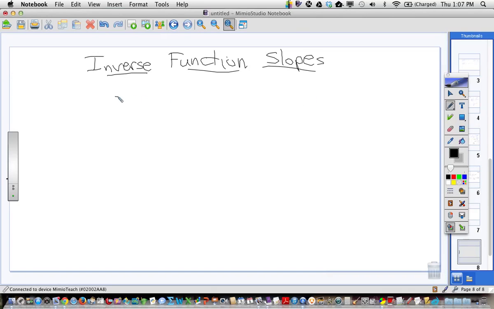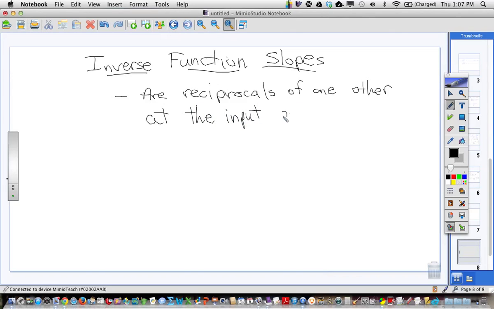Inverse function slopes are reciprocals of one another at the input of one function and the output of the other.